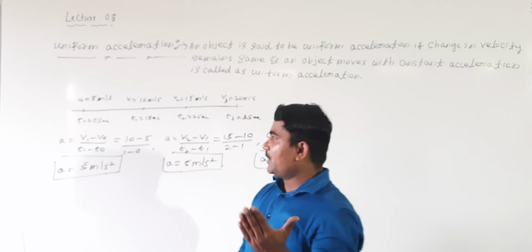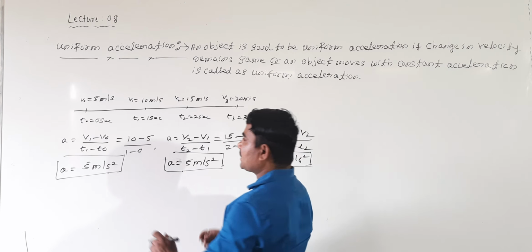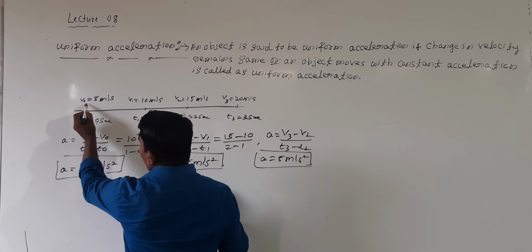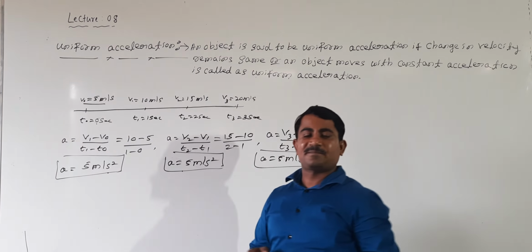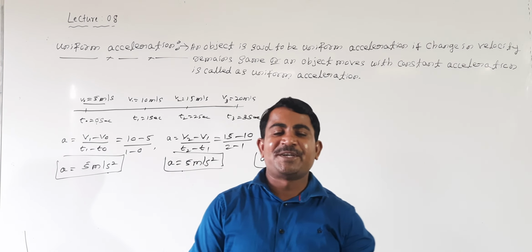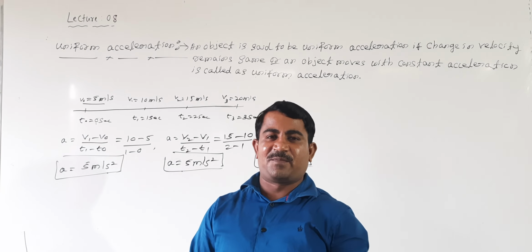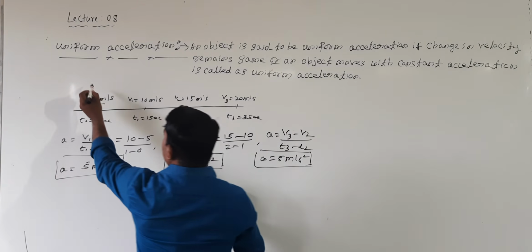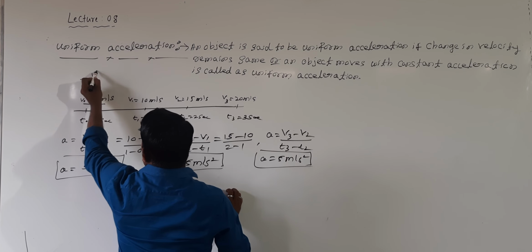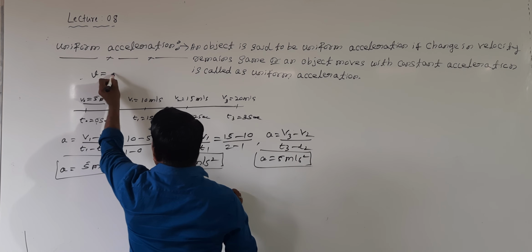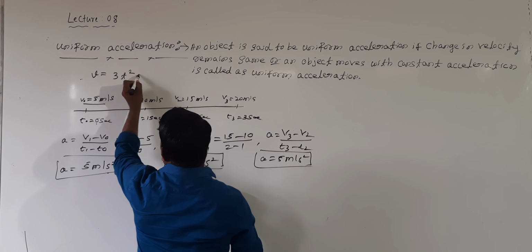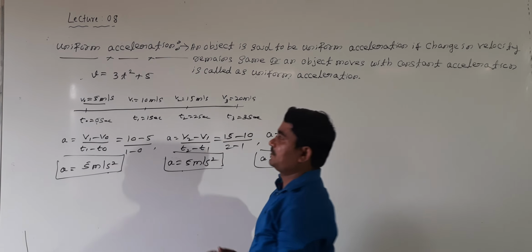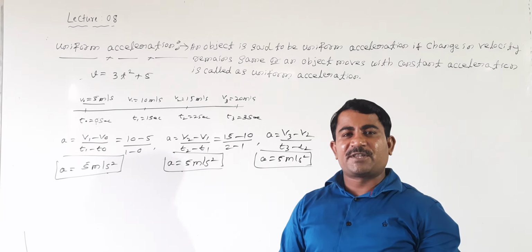But you can ask the question: in the zero interval of time, how is the velocity of the body possible? It is possible. Let us take an example. Consider an object moving in a straight line with velocity v equal to 3t square plus 5.